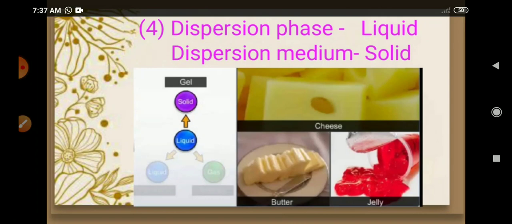Let us take an example of jellies. In that solid content is present in more proportion and the liquid part is less. Therefore, it is quite thicker. So what we call that as gel. That means liquid in solid. That is gel.